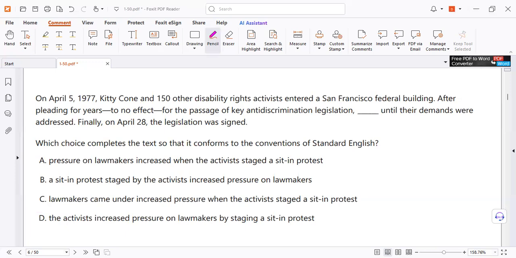Letter D. Here letter D for the modifier, correct. Here after.